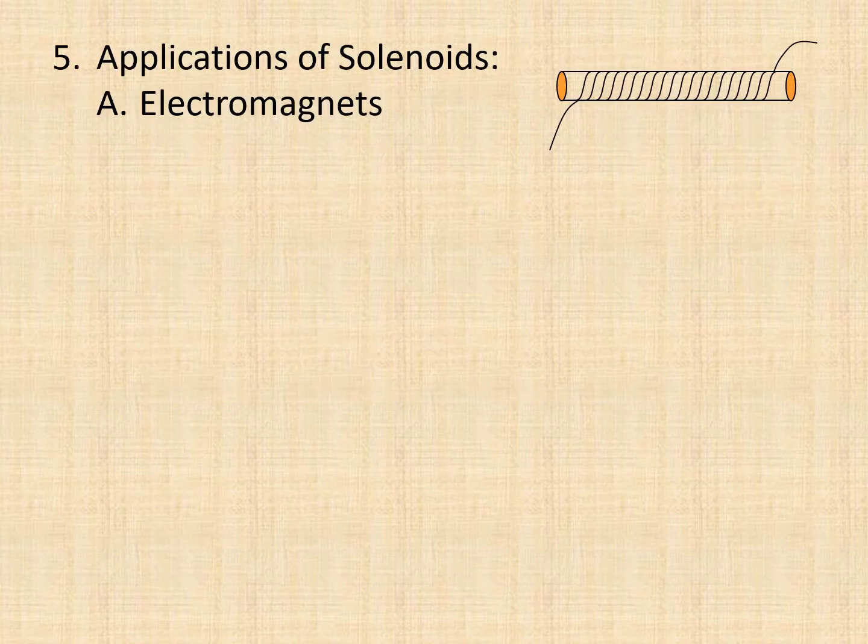As we stated previously, the solenoid, with its unique ability to produce a strong and uniform magnetic field, becomes a commonly used device in our modern-day technological world. So let's spend a few minutes investigating how solenoids are used in technology, starting with perhaps their most common use in the device known as the electromagnet.